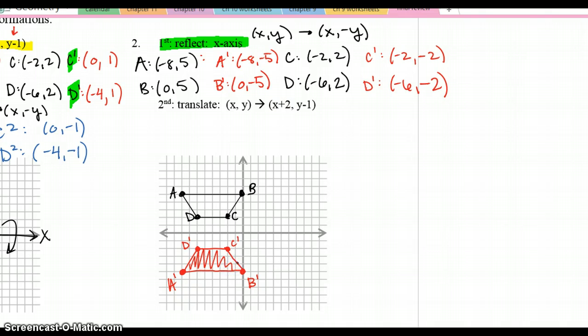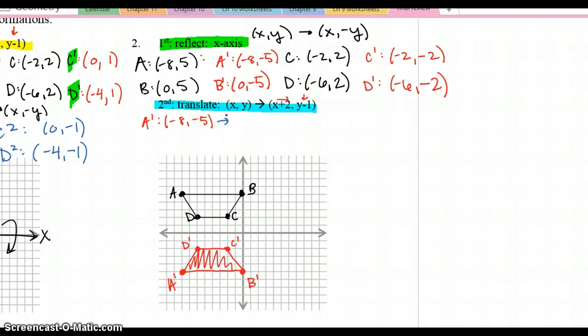Alrighty, so now I'm going to translate this reflected image, what I have down here in the red, by going 2 to the right and down 1. I'm going to add 2 to my x, subtract 1 from my y. And again, I'm going to use what is now A prime, so negative 8, negative 5, and that is what I'm going to translate.